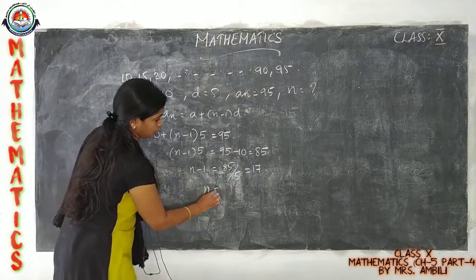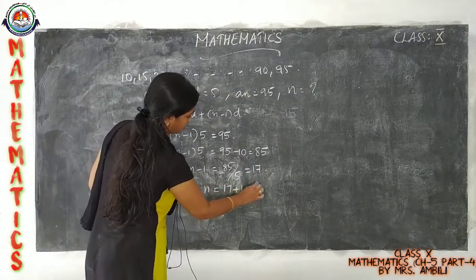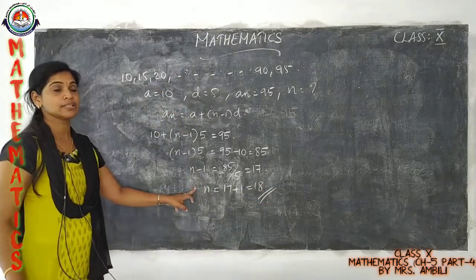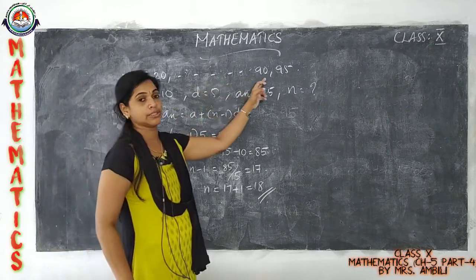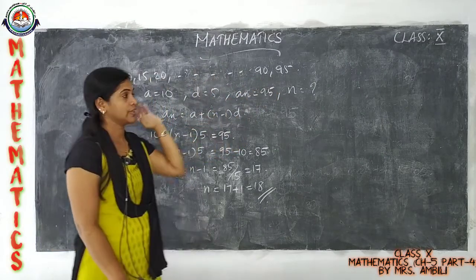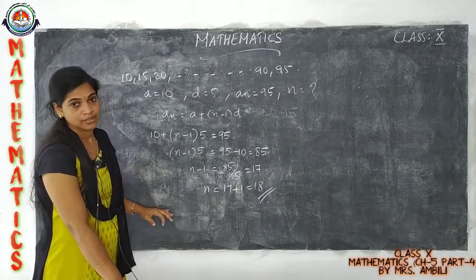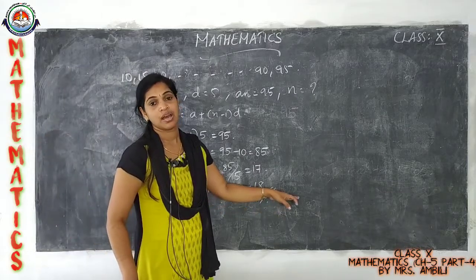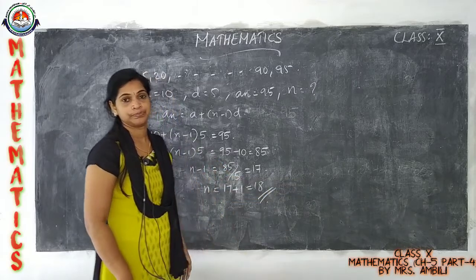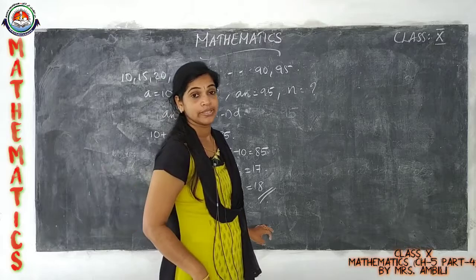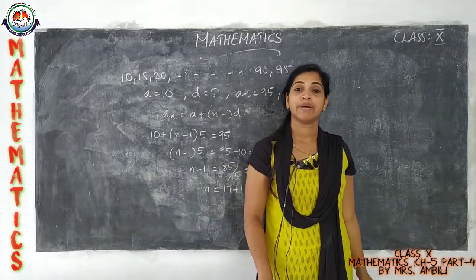So n equal to 17 plus 1 equal to 18. n equal to 18 means there are 18 terms. Hence there are 18 2-digit numbers divisible by 5. Concluded.